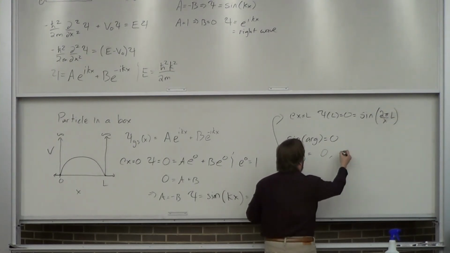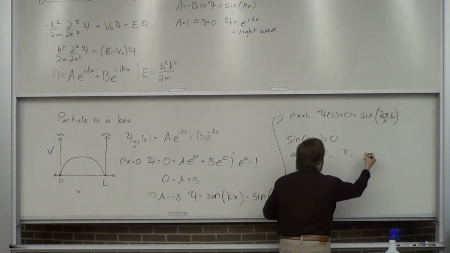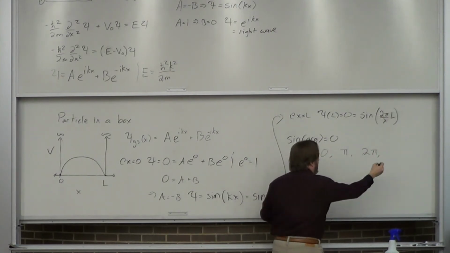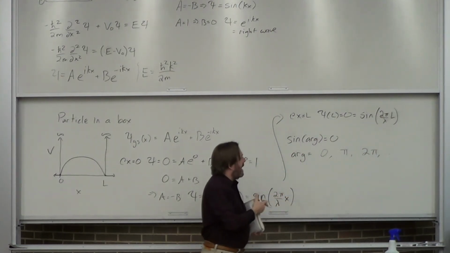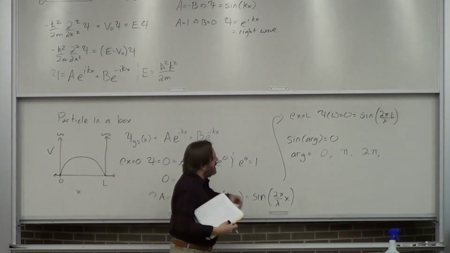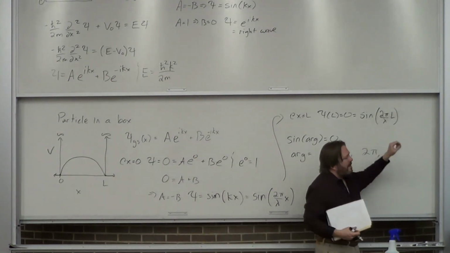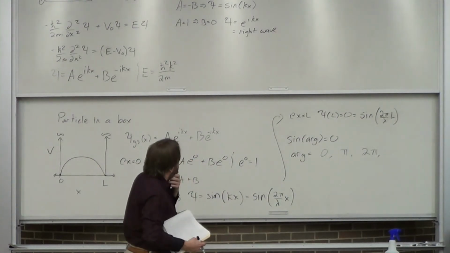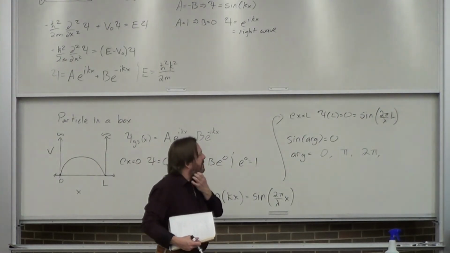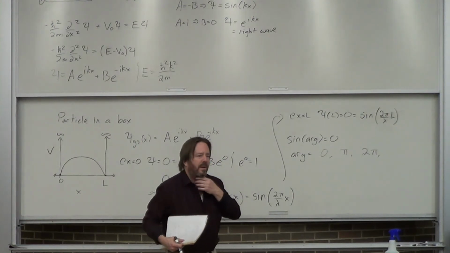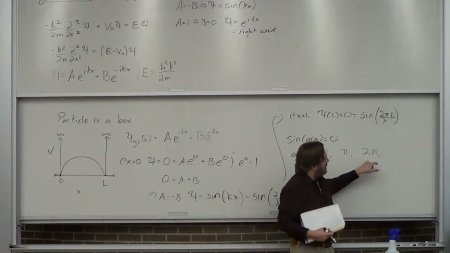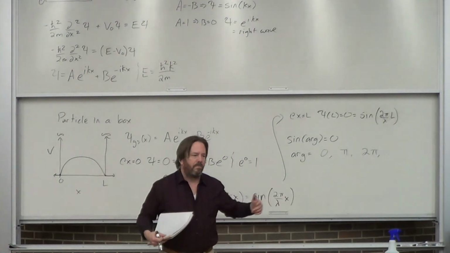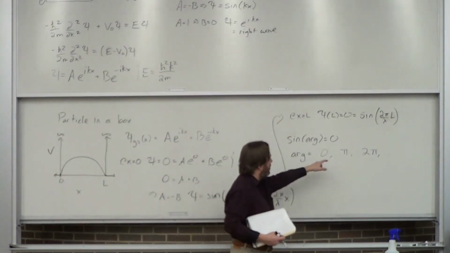The next one's at pi, then sine of 2 pi, and on and on. So that's where sine is 0. So what I got to do is make those innards 2 pi over lambda times L. I've got to figure out lambda to ultimately give me, it looks like, pi.